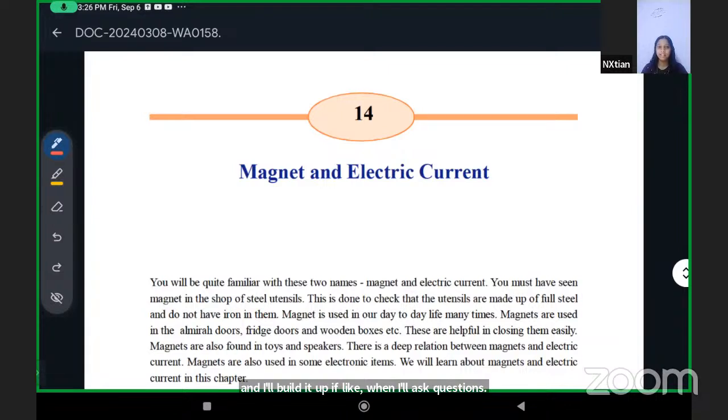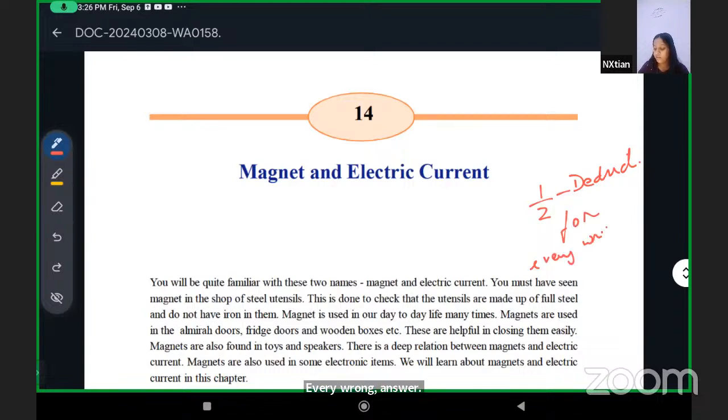Will that be too many marks deducted? No, not too many marks. I think I'll be keeping half marks deducted for every wrong answer.